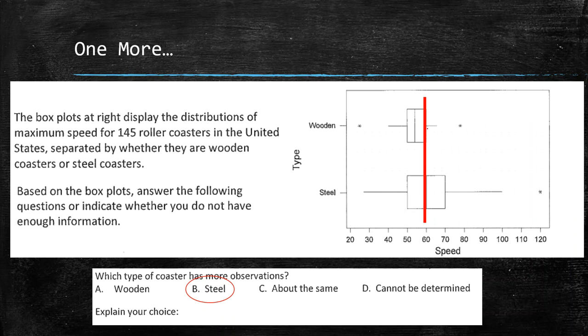And so for the wooden roller coasters, only 25% of the data is past that. And for the steel roller coasters, there's 50% of the data. So which type of coaster here is going to have more that goes 60 miles per hour? It's going to be the steel roller coasters. 50% of them go faster than 60 miles per hour, whereas in wooden, it's only 25%.